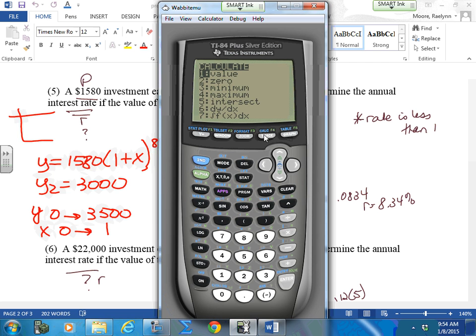Second, intersect. It finds it. It's there. That graph is there. But you set your x from 0 to 10. That rate is only 0.08. It's a less than 1. So it's like riding right along this y-axis, but your calculator can still find it.